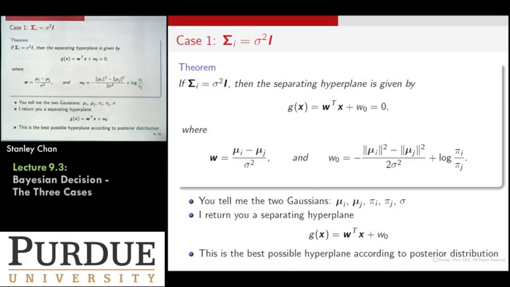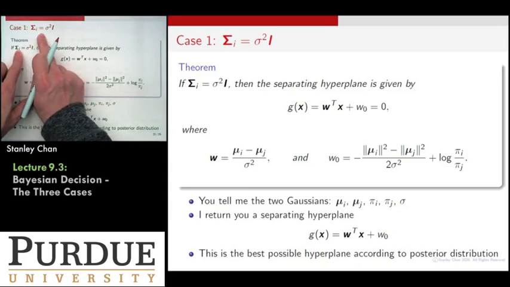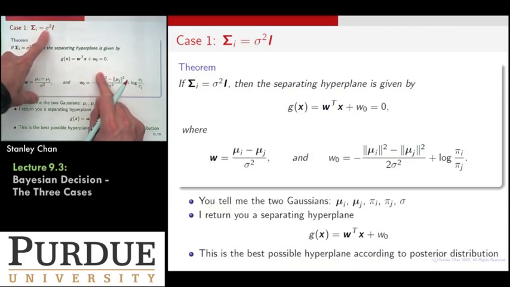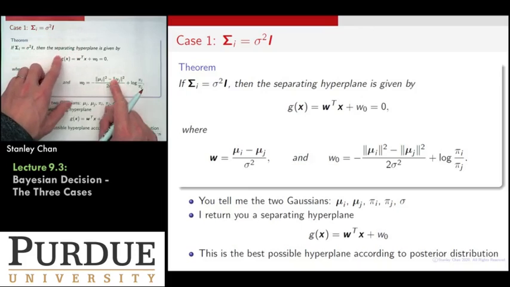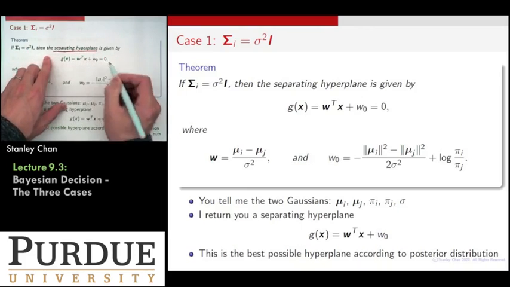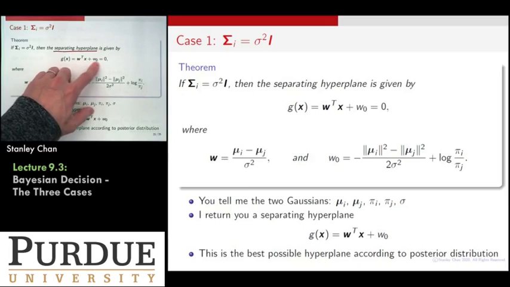So here is a summary of the results. I put it into a theorem. So the theorem says that in this very special case, where your covariance matrix sigma_i is indeed an identity matrix scaled by some constant sigma squared, then the separating hyperplane, the thing that we cared about, can be represented as g(x) equals w transpose x plus w0 equals 0.